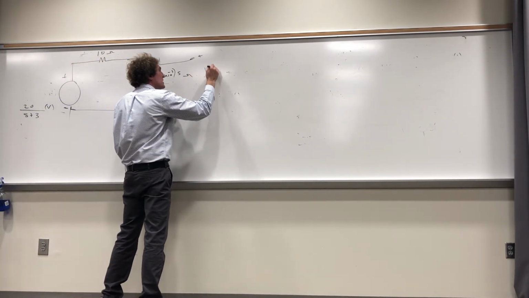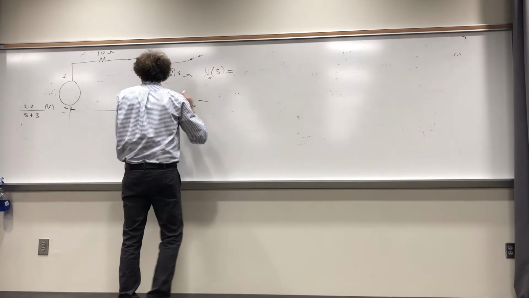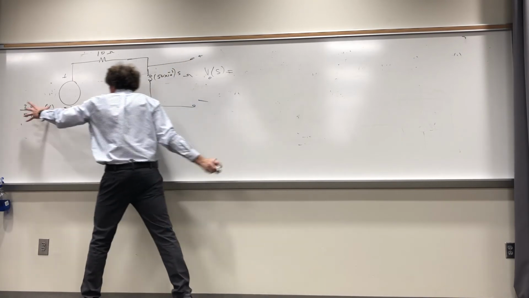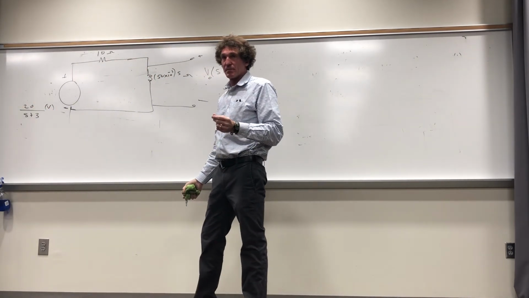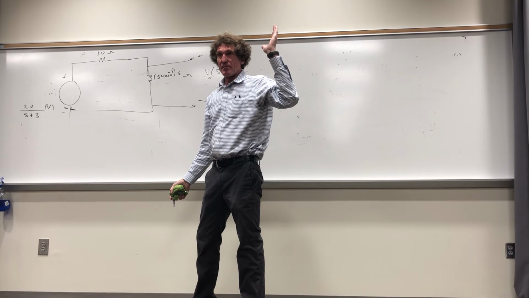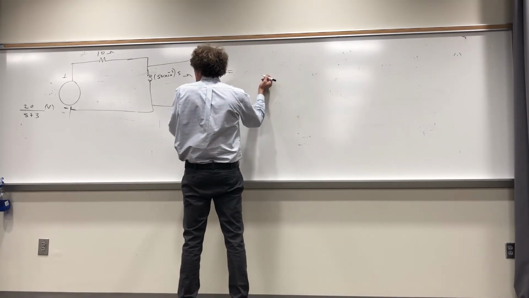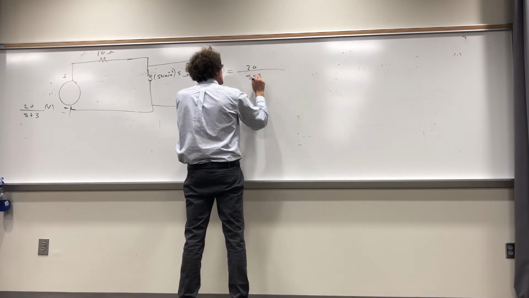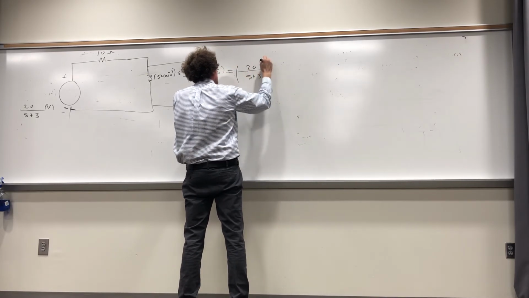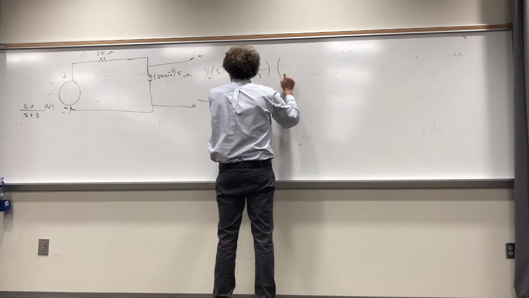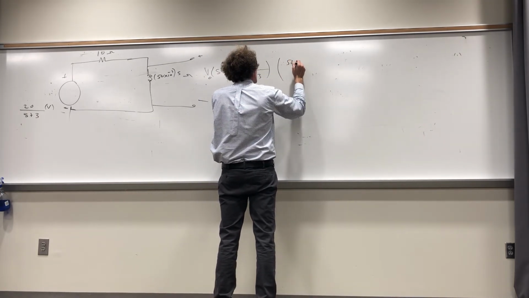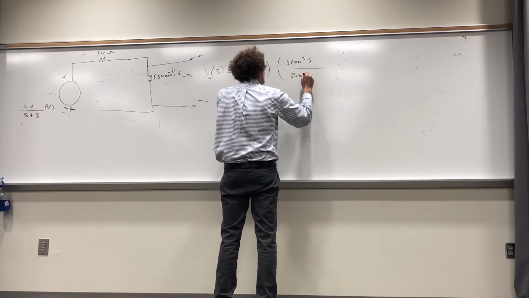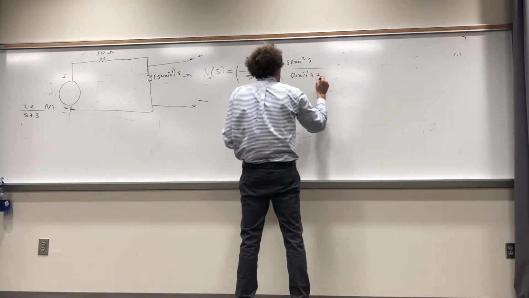Therefore, this voltage V out of S, I'm going to do it this way. I'm just going to take this impedance over this impedance plus this impedance times that voltage. I'm using simple voltage division. See it? Everyone? So I can say that that is equal to 20 over S plus 3, times 50 times 10 to the minus third S over 50 times 10 to the minus third S plus 10.